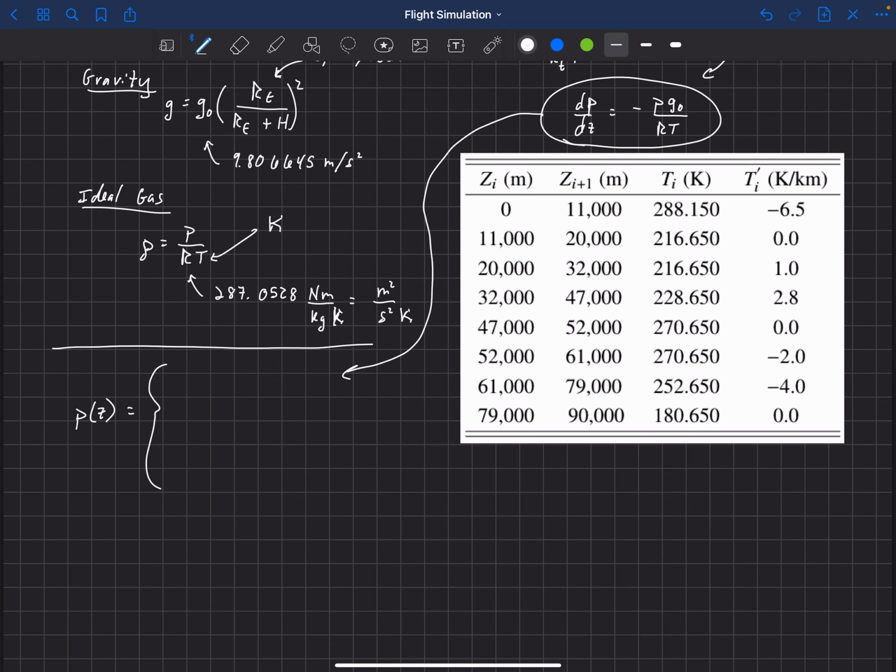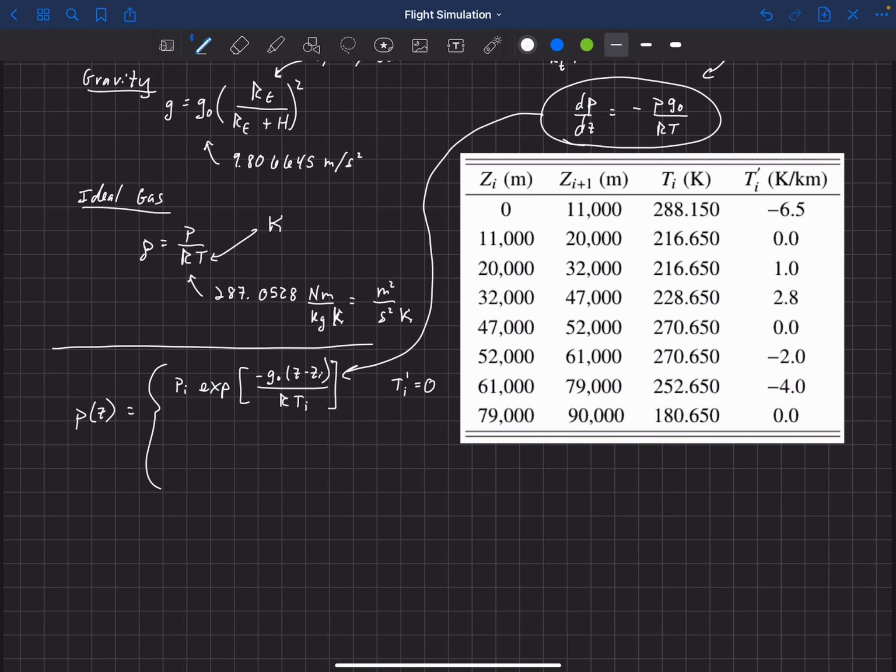One for if the temperature is constant within that region, and if that's the case, then we'll have P sub i, the initial pressure in that region, times the exponent of minus g naught times z minus z i divided by R T i. Okay, so this is the solution if T prime in that region is equal to 0, okay?